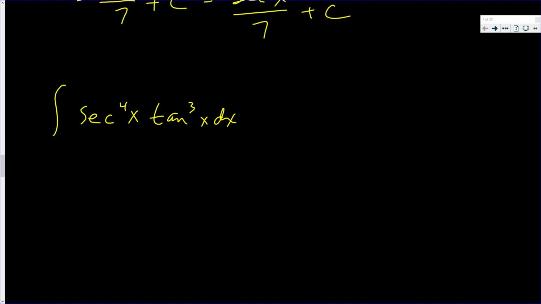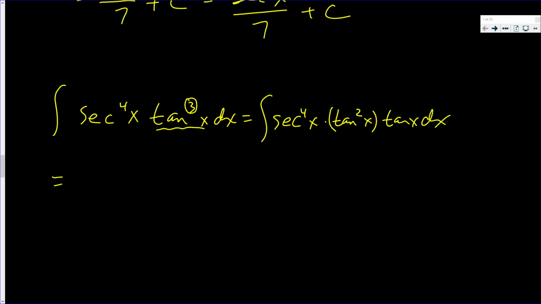Now, if I were to break that up into tangents, secant squared powers of that, since it's an odd power, I'll still have one tangent left over. And then I realize I'll always have another secant to link up with that lone tangent x dx. So let me do that right away.